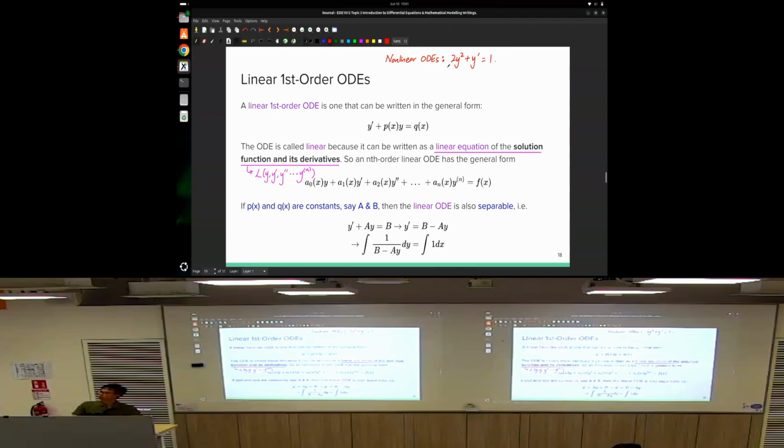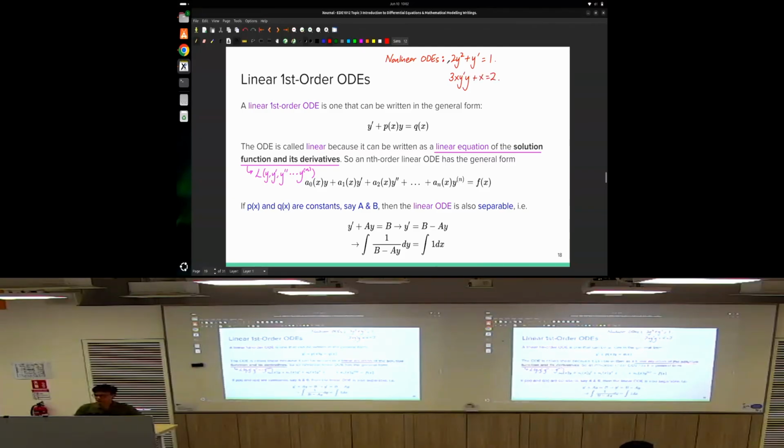Non-linear. Where's the non-linear? y squared. It is not a linear function of y and its derivatives because you have this y squared term here. Then another one, for example, 3x times y prime times y. So this is also non-linear. Then maybe plus x equals 2.